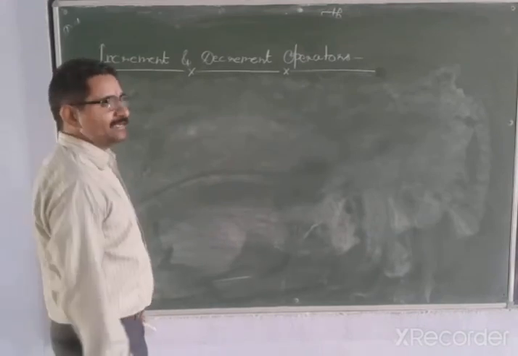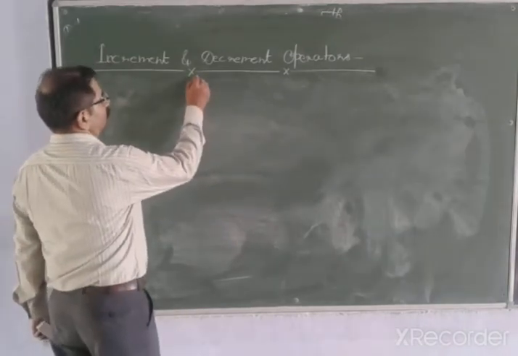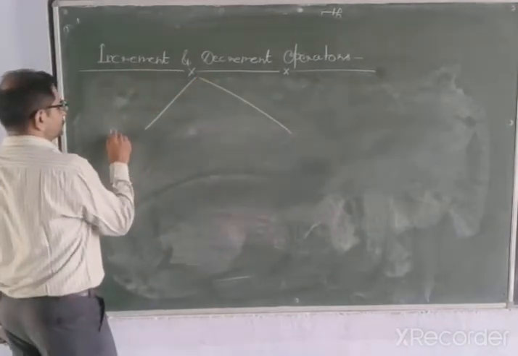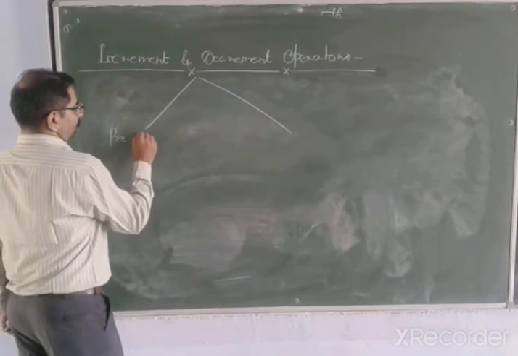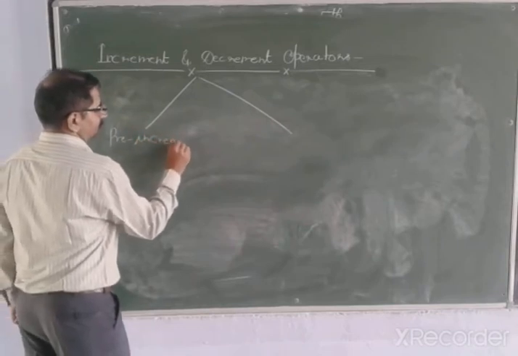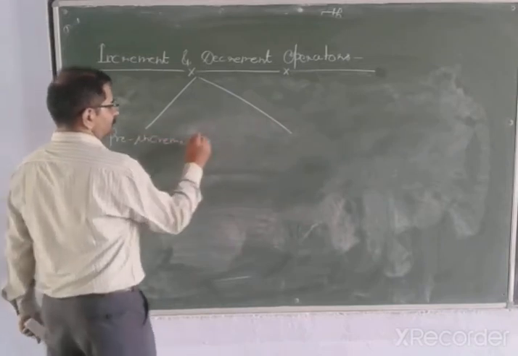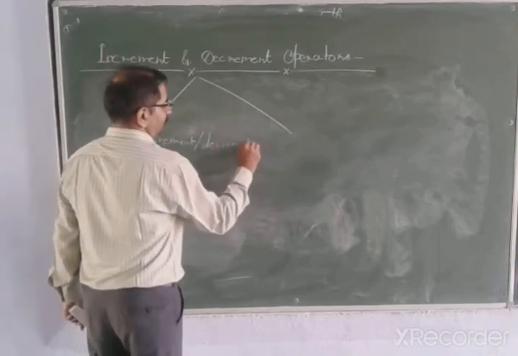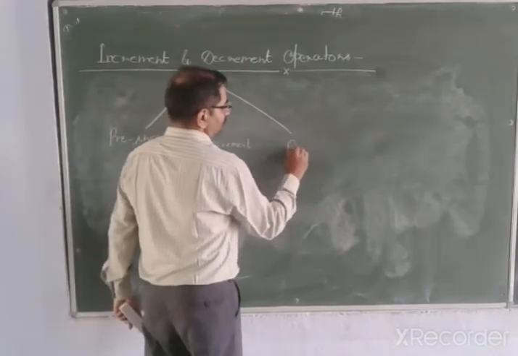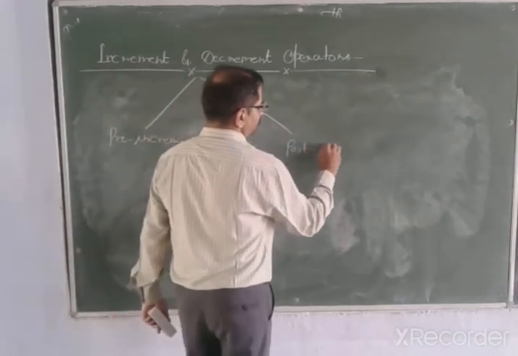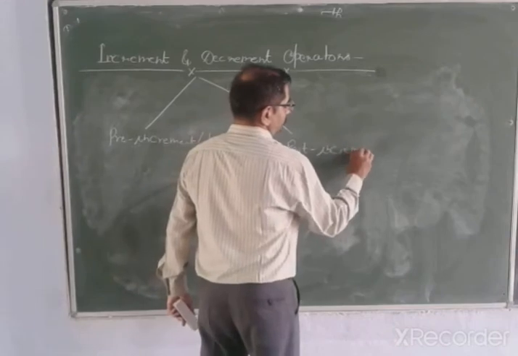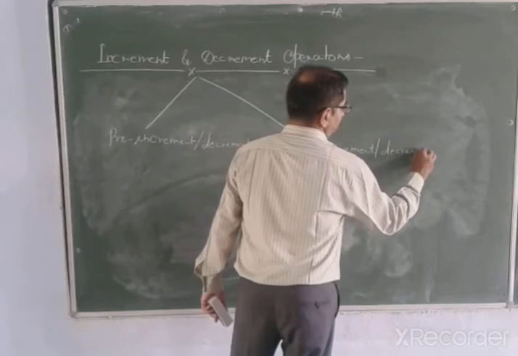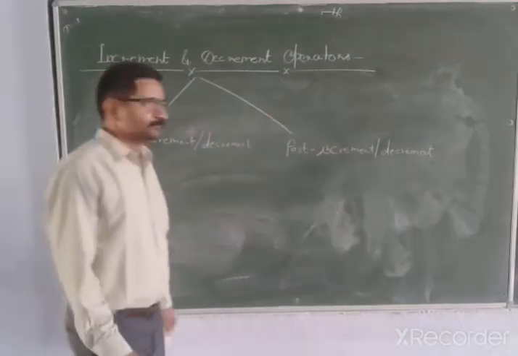When we talk about the variations of increment and decrement operators, these are classified into two categories: pre-increment or decrement, and post-increment or decrement.